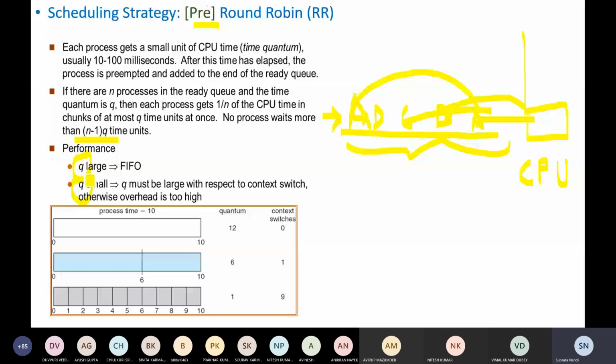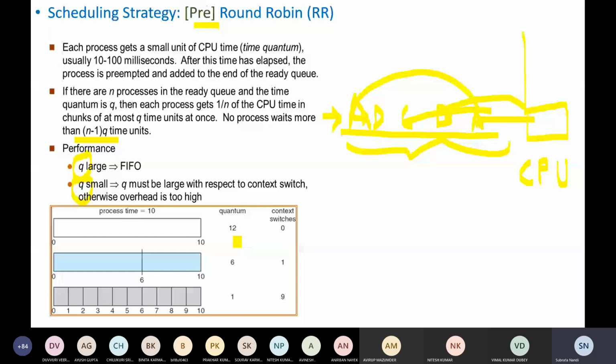So this choice of quantum is definitely tricky, although we can avoid computation of service time that we needed to do in the previous three algorithms that we discussed. And as we can see here, if the time quantum is 12, say for example, typically large, a process whose service requirement is 10 needs no context switch, it just continuously executes on the CPU.